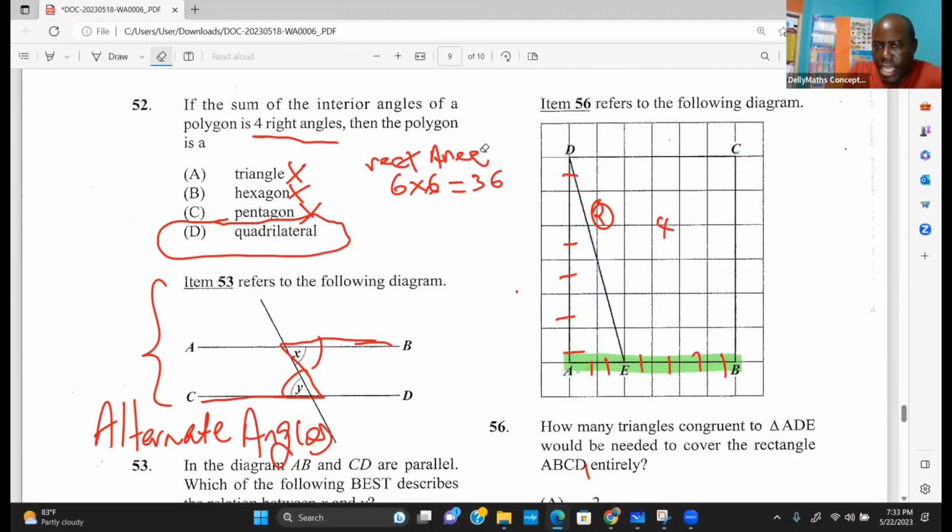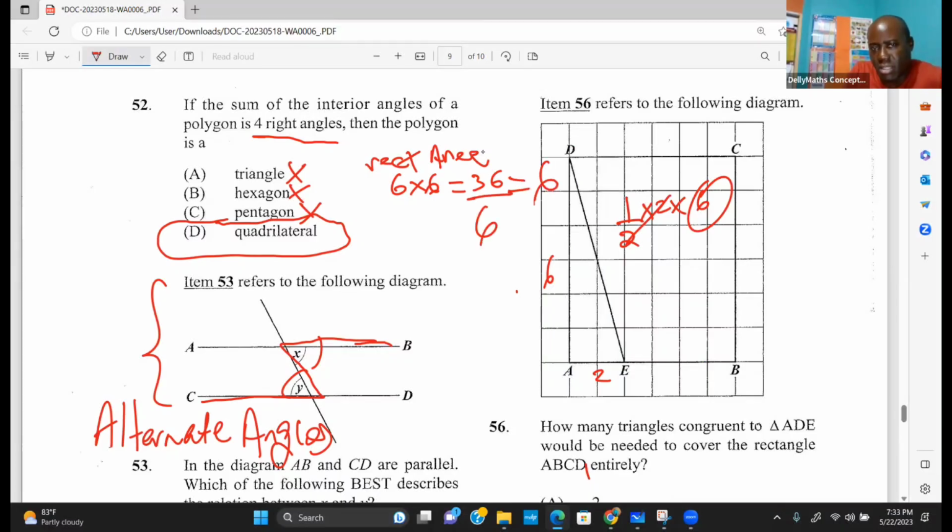So now let me find the area of one of the triangles, because we want to know how many of it can go into it. Area of triangle is half base times height, which is 6. So if I divide 36 by 6, it's going to give me 6 of them. So I get back a 6.